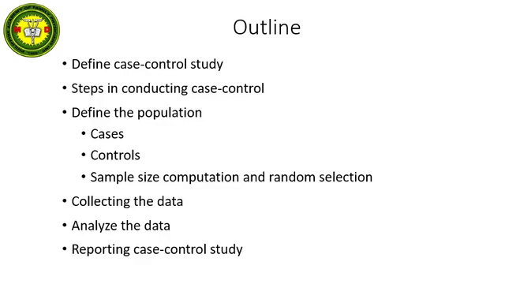Then we will discuss the steps in doing a case control study, focusing on the areas where biases can be introduced, such as defining the population and sample size computation. Then I will share some tips on how to analyze the data, and one brief slide on how to write the case control study report. I hope we will have a good learning experience in this session.